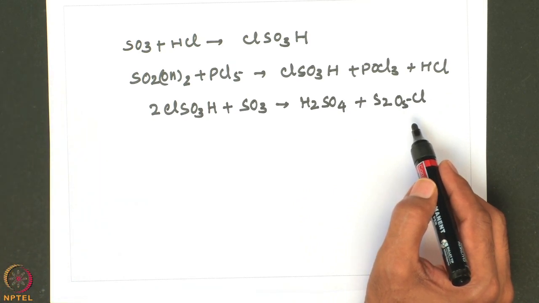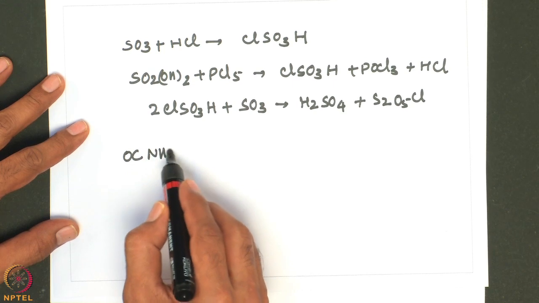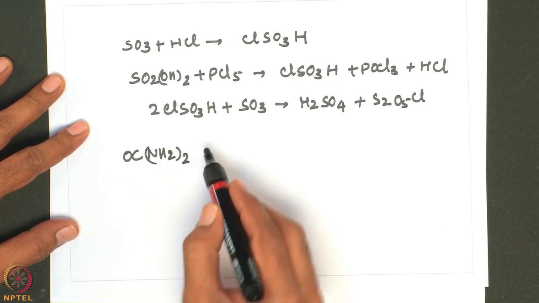Amidosulfonic acid is produced industrially in two stages: urea with a mixture of SO3 and H2SO4 or oleum. For example, this is urea NH2CONH2.